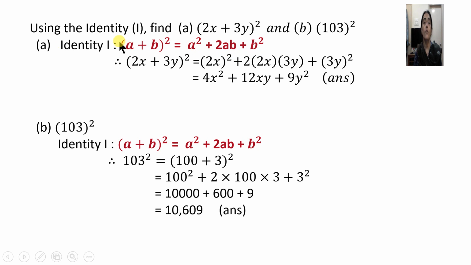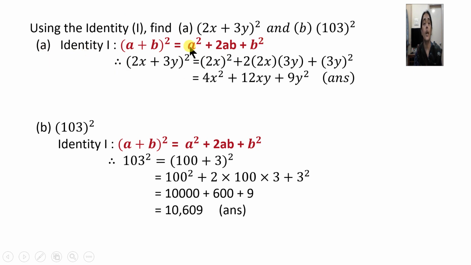Now instead of a plus b, here we have 2x plus 3y the whole square. Now see here, a plus b the whole square, it is square of the first term. Then because there is a plus sign here, we write plus 2 into first term into second term plus second term square. So here also we will do it.